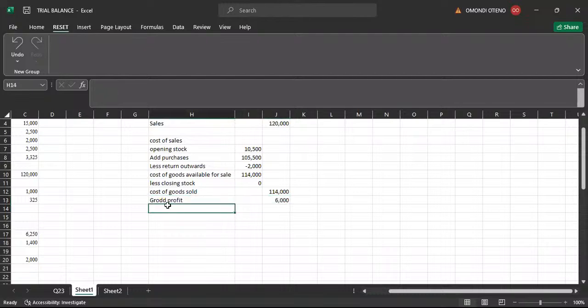But gross profit margin, what have I said that gross profit margin formula is? Gross profit margin is going to be gross profit over sales, and not just sales, net sales.